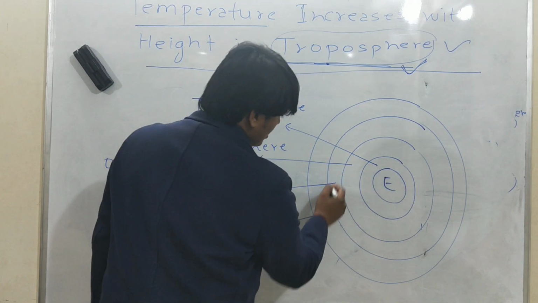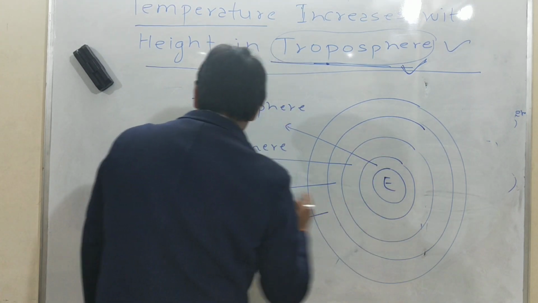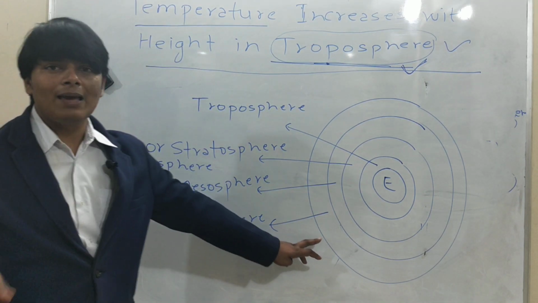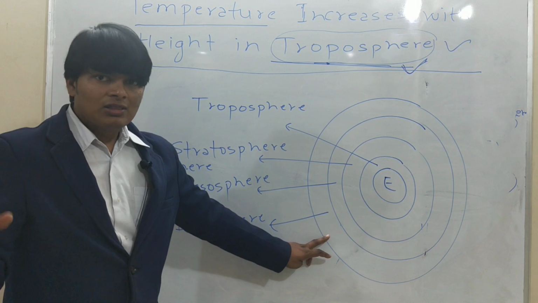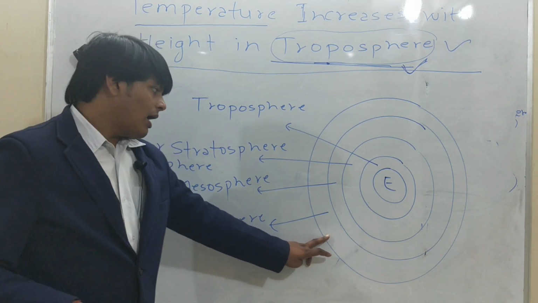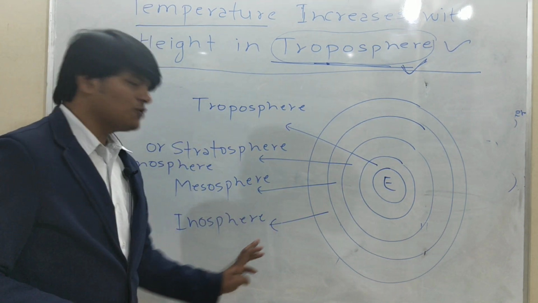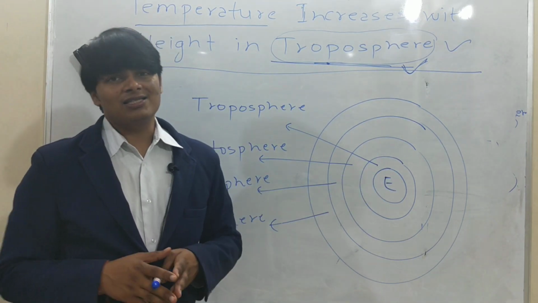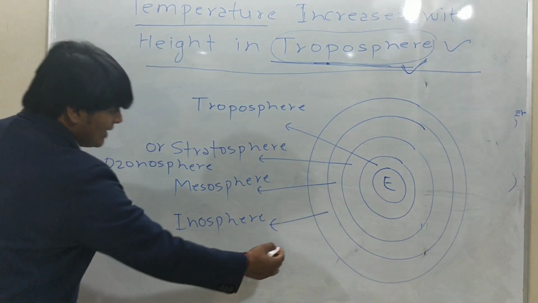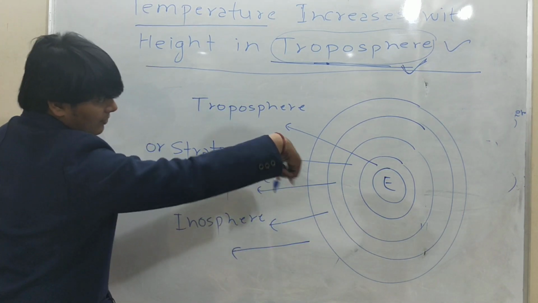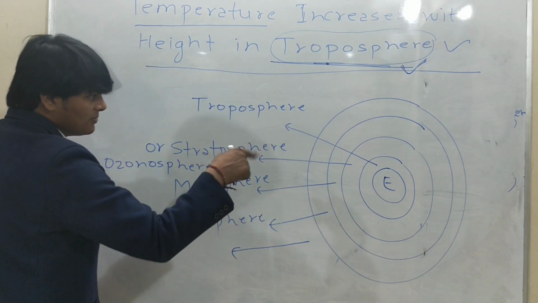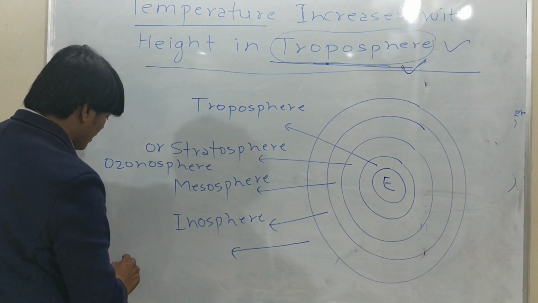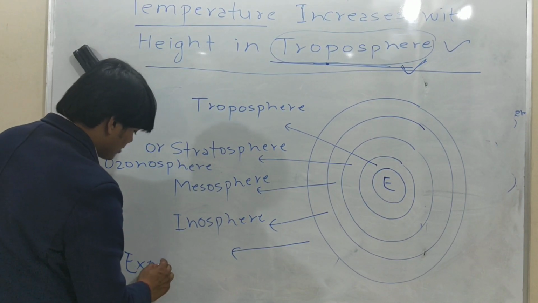So it is in the middle, so it is called the mesosphere. And the next is the ionosphere, because it has more temperature, so the gases are ionized. We will go through this in detail in a further lecture. The last outer part of the atmosphere is the exosphere.